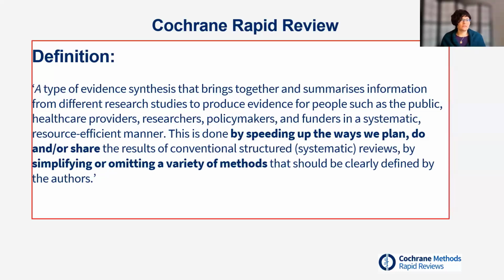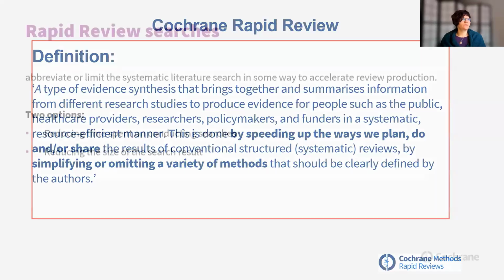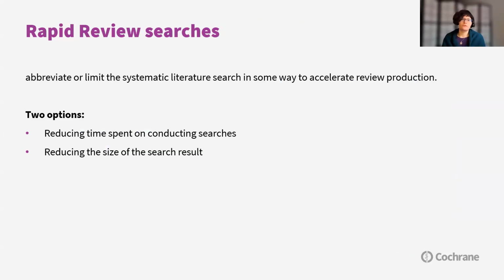So what does this mean for the rapid review search process? In rapid review searches, we usually aim to abbreviate or limit the systematic literature search process in some way to accelerate the review production as a whole.